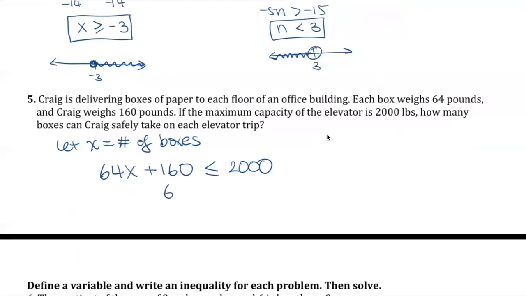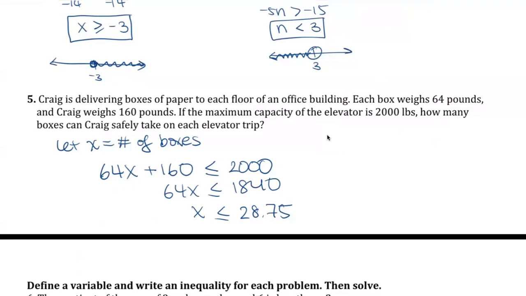So let's solve for that. Subtract the 160 and divide by 64. And I get x is less than or equal to 28.75. I'm assuming I can't take a fraction of a box, so my maximum is going to be 28 boxes. When I write my answer, though, I need to specify that Craig doesn't have to take exactly 28 boxes.